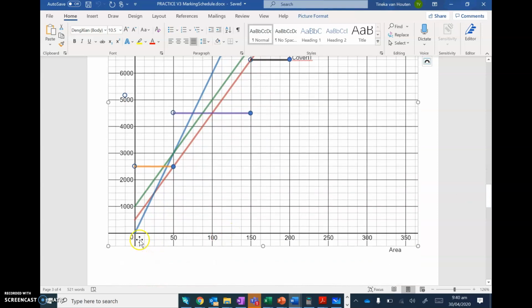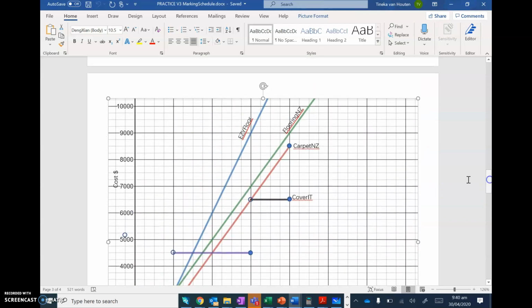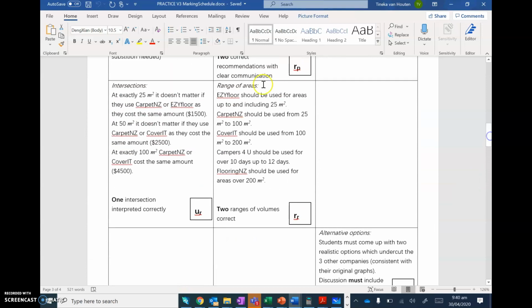The cheapest one up until 25 meters squared is the blue one, which you should label on your graph. We know that's EasyFloor NZ. So EasyFloor can be used up to 25 meters squared.